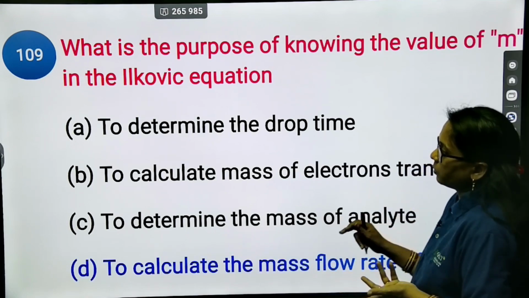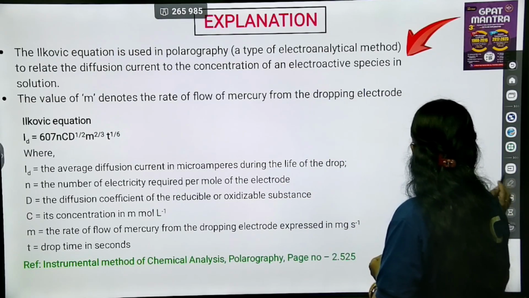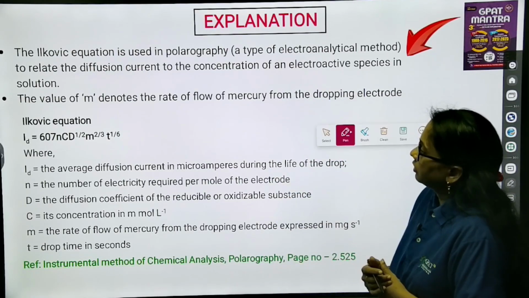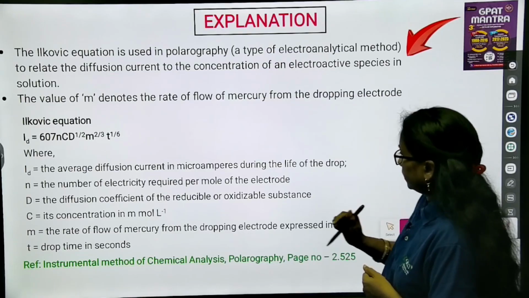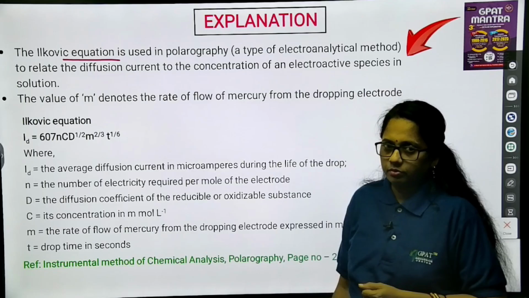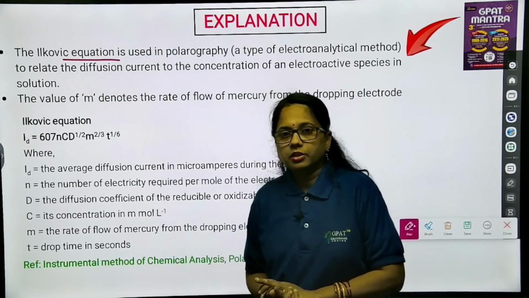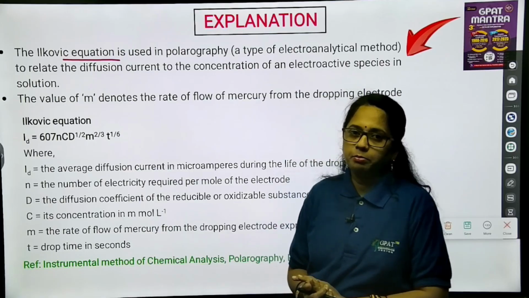Let us see with explanation how the Ilkovic equation looks like, and we are going to have the clear-cut part in this. In the Ilkovic equation, we are going to see the diffusion current, limiting current, migration current, all these.